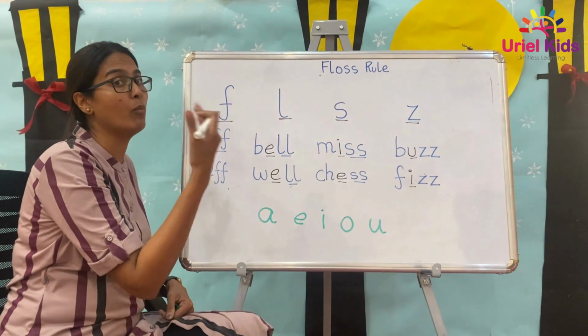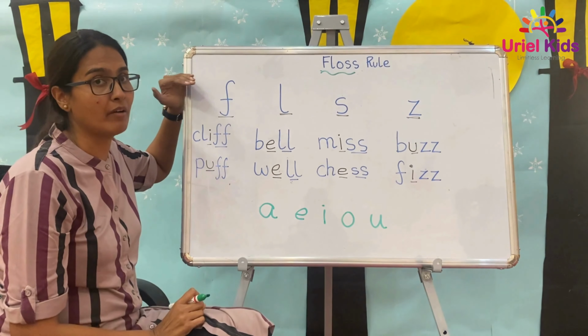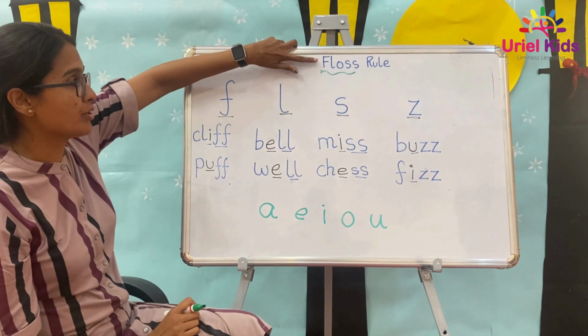Which consonants to double? If you remember this word floss, you can easily remember which consonants you have to double. In the word floss, you can see the f sound is there. So we have to double it whenever we hear it at the end of the word after a short vowel sound, any of these short vowel sounds.